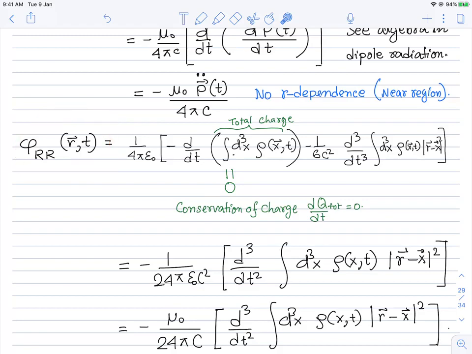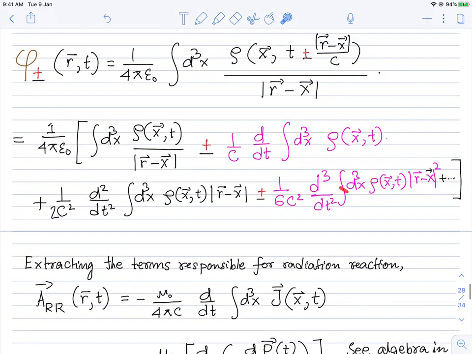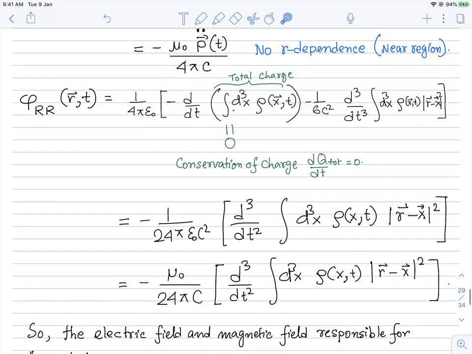So the first term, as you can see, is the time derivative of the total charge, and the time derivative of the total charge, as you know, just vanishes. It's a volume integral, so it's the full charge, and therefore this is just equal to 0 by charge conservation. So we are left with the second term.